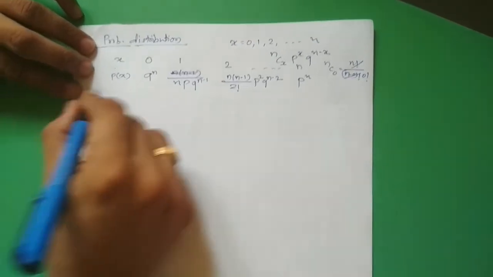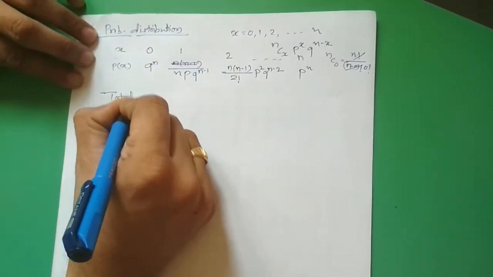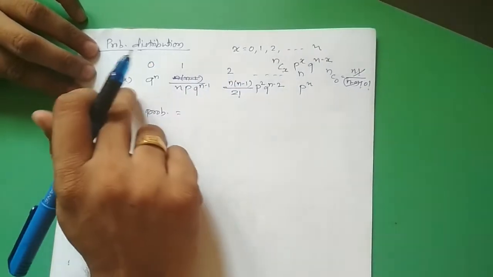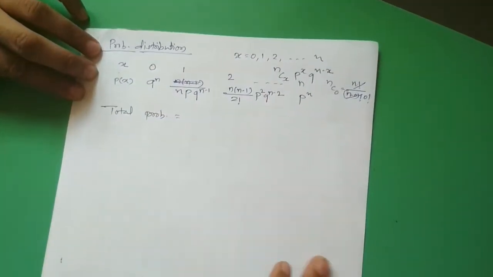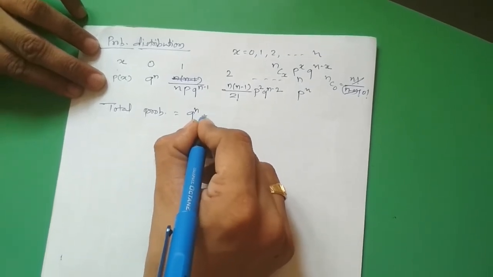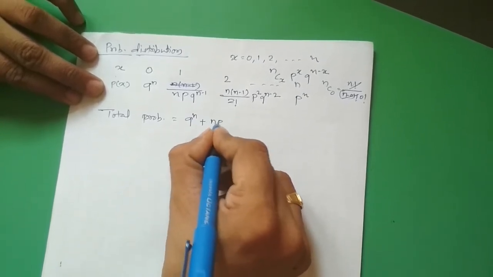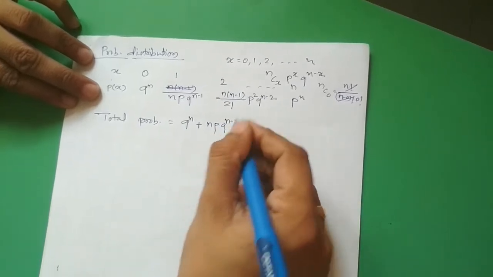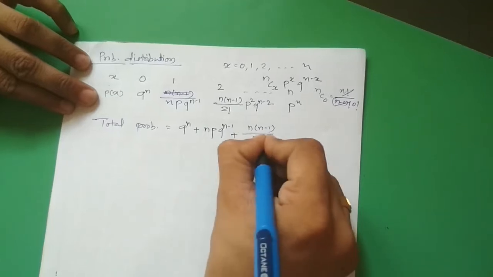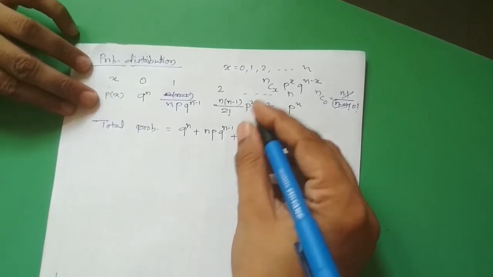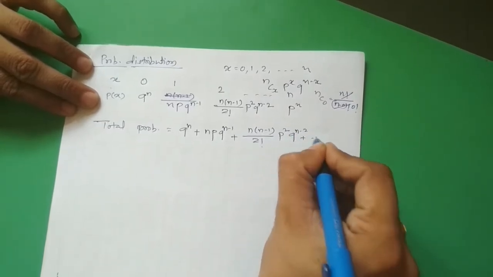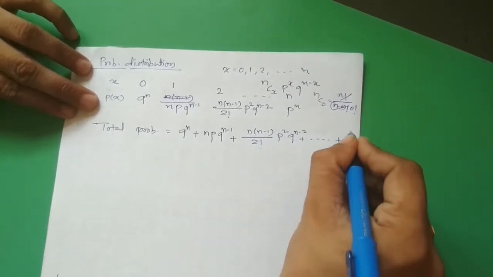To find the total probability for the binomial distribution, you just have to add all these terms of probability. The first term is q raised to n, plus n p q raised to n minus 1, plus n into n minus 1 upon 2 factorial into p square q raised to n minus 2, plus so on, and the last term is p raised to n.